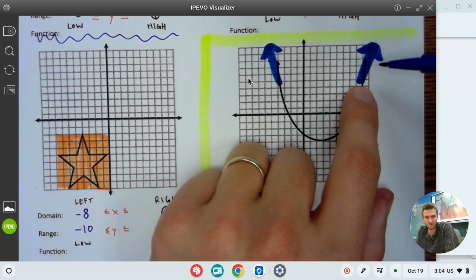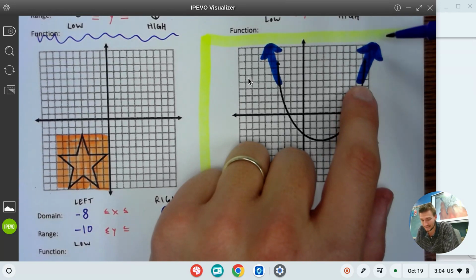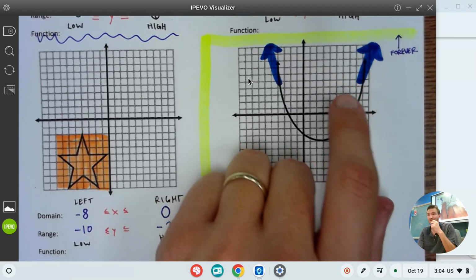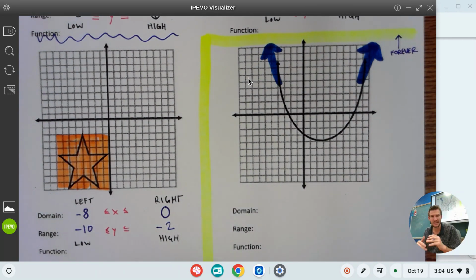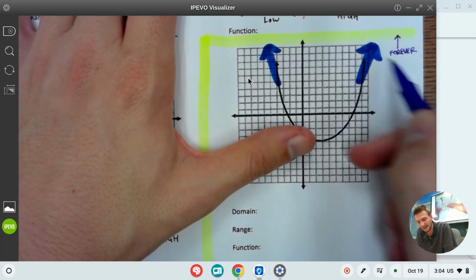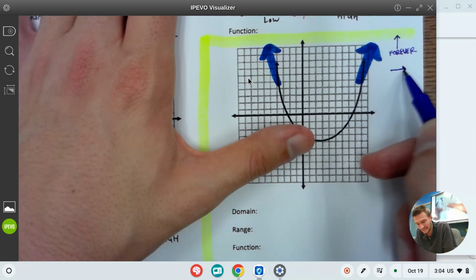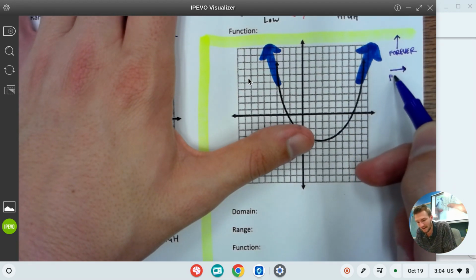This arrow means that we are going up forever because it is an arrow that is pointing up. But here's the thing that the kids who fall asleep, they never get this part. This arrow, which is diagonally, also means that we go to the right forever.